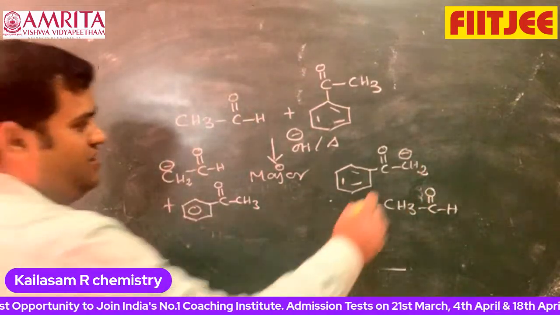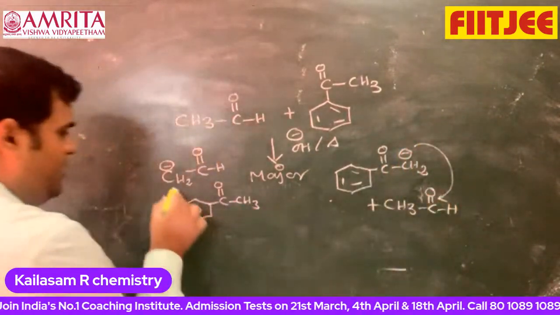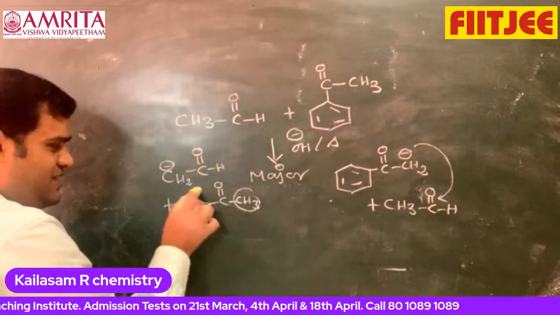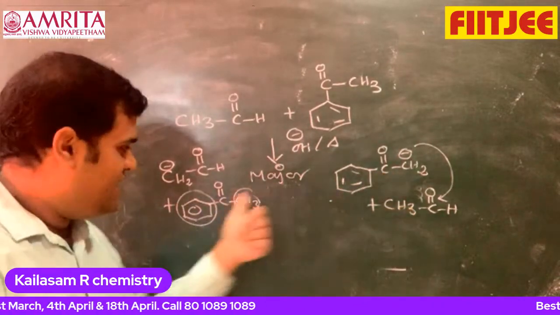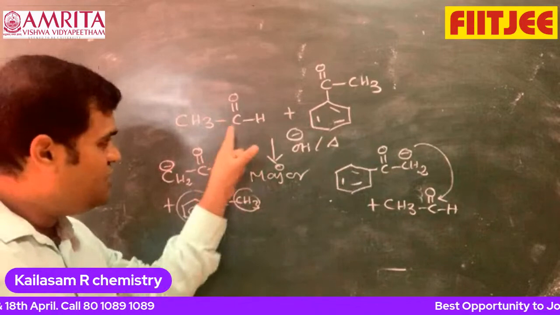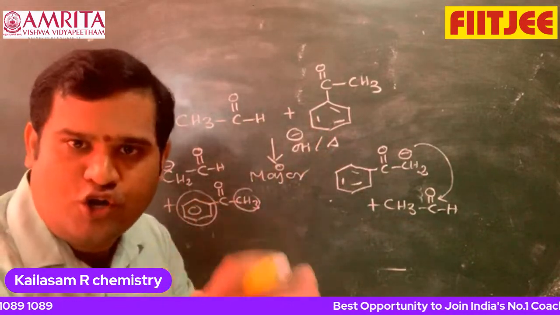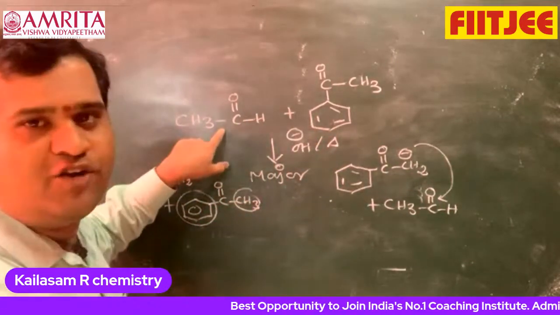Tell me whether this will be easy to attack or this will be easy to attack, because there is hindrance here. Definitely this is easier than this. That's what I told you, that of these two, this undergoes nucleophilic addition faster.